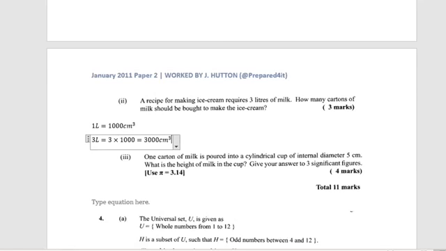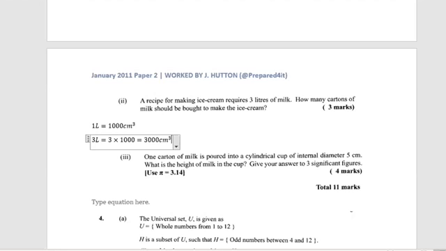So when they said how many cartons of milk should be used to make this ice cream, what we know before is that 1 carton contains 240 centimeter cube. So if 1 carton contains 240 centimeter cube, but we need a total of 3,000 centimeter cube of milk to make the ice cream, how will I know how many cartons to use?